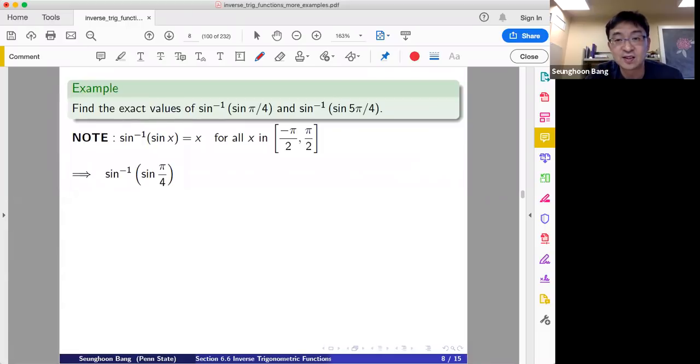So what do you think? Is it right? Yes, you can cancel. Here, pi over 4 is between minus pi over 2 and pi over 2.